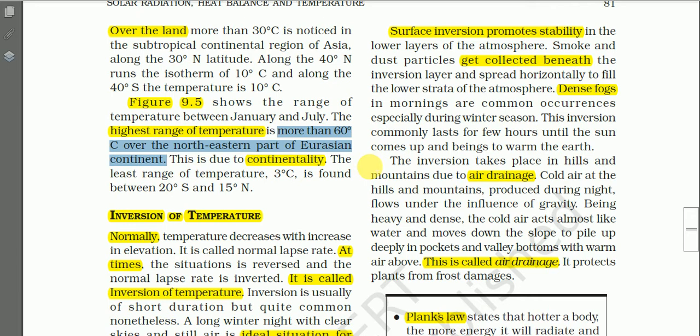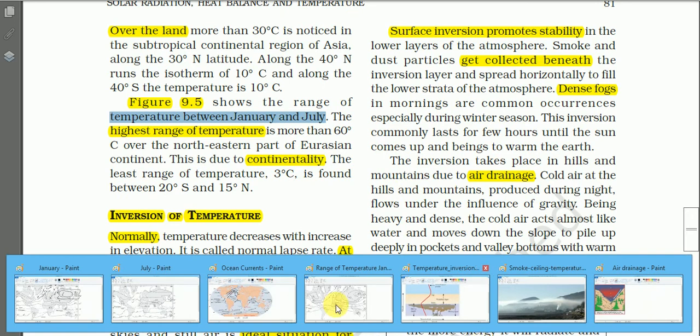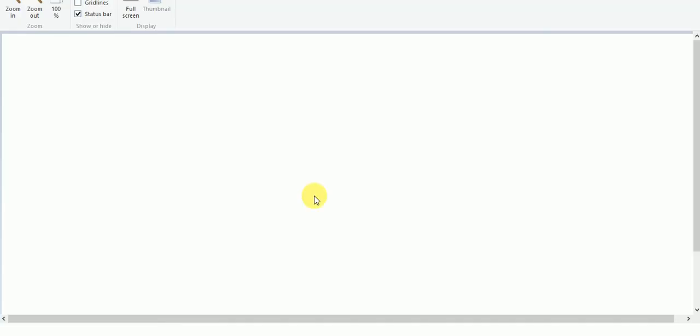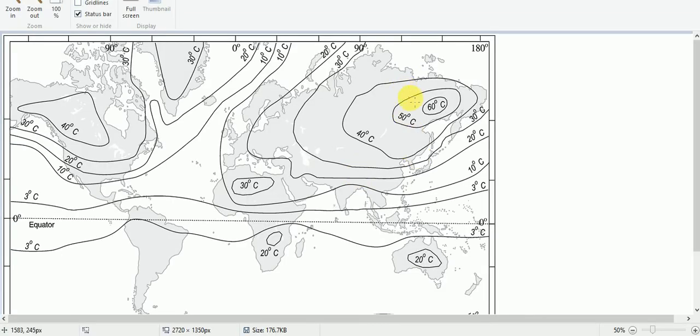Eurasian means Russia. So the difference between January and July temperature is the highest over this area, the northeastern part of Eurasia, that is Russia.